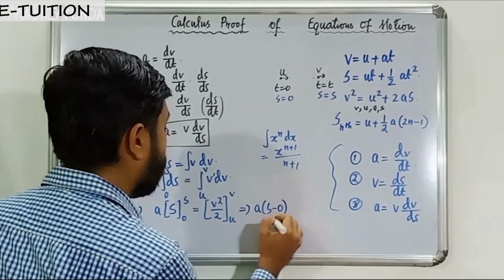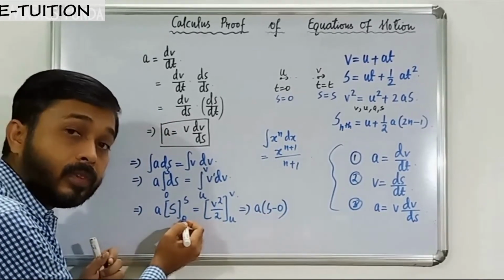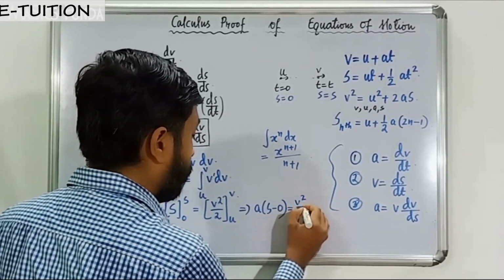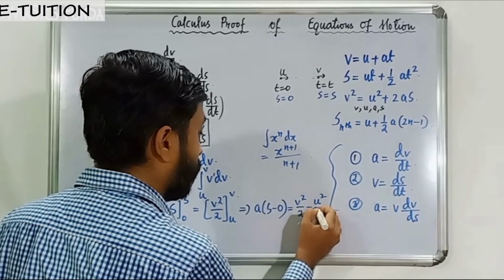So s minus 1, the upper limit minus the lower limit, equal to v square by 2 minus u square by 2.